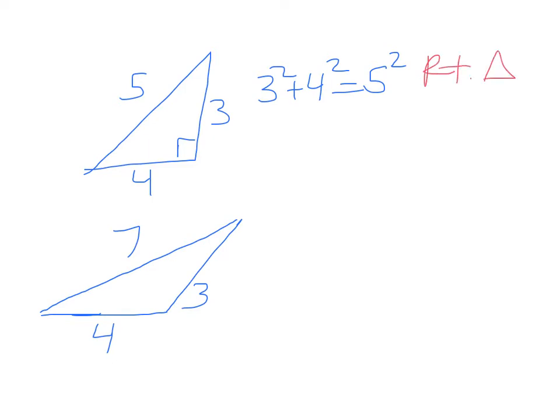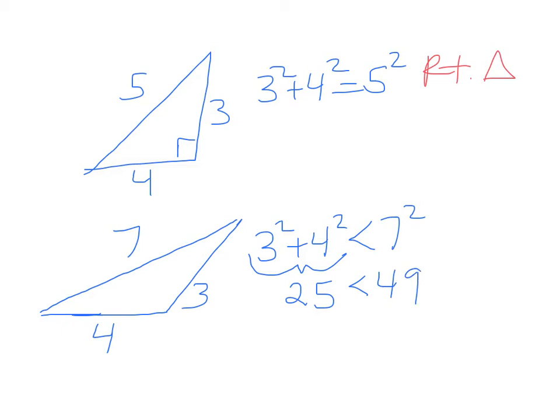What happens on this one if 3 squared plus 4 squared is less than 7 squared? We know that this is 25, which is definitely less than 49. So what kind of triangle is this? Well, this is an obtuse triangle.